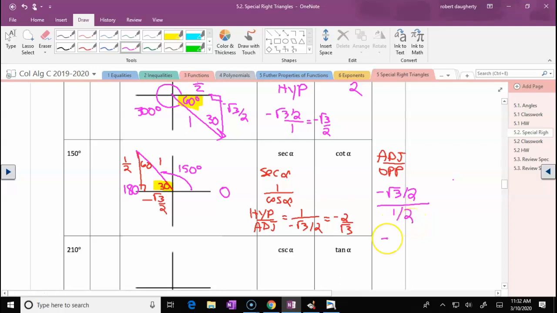So think of this as negative root 3 over 2 times 2 over 1. When you divide by a fraction, that's the same as multiplying by its reciprocal. When you multiply those two things, negative square root of 3 is your final answer there.